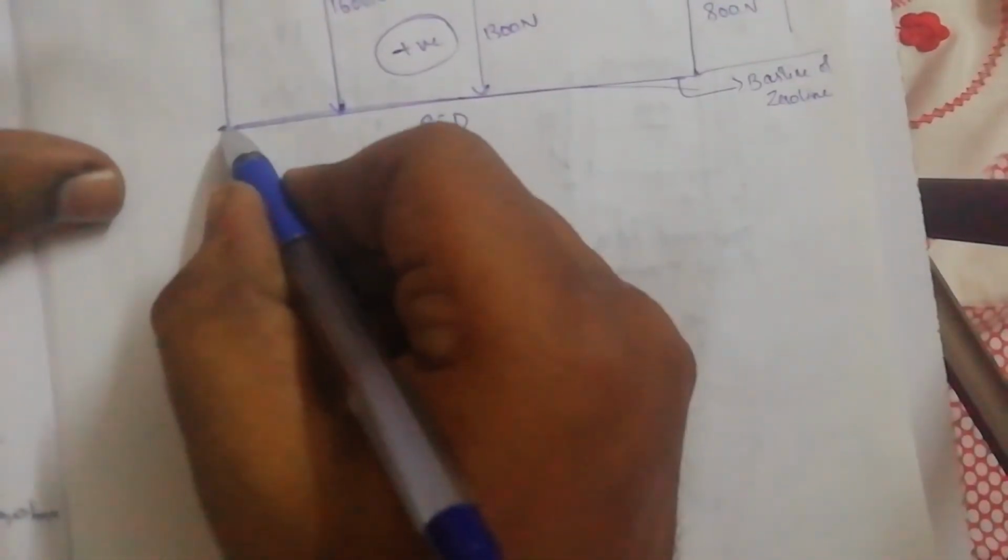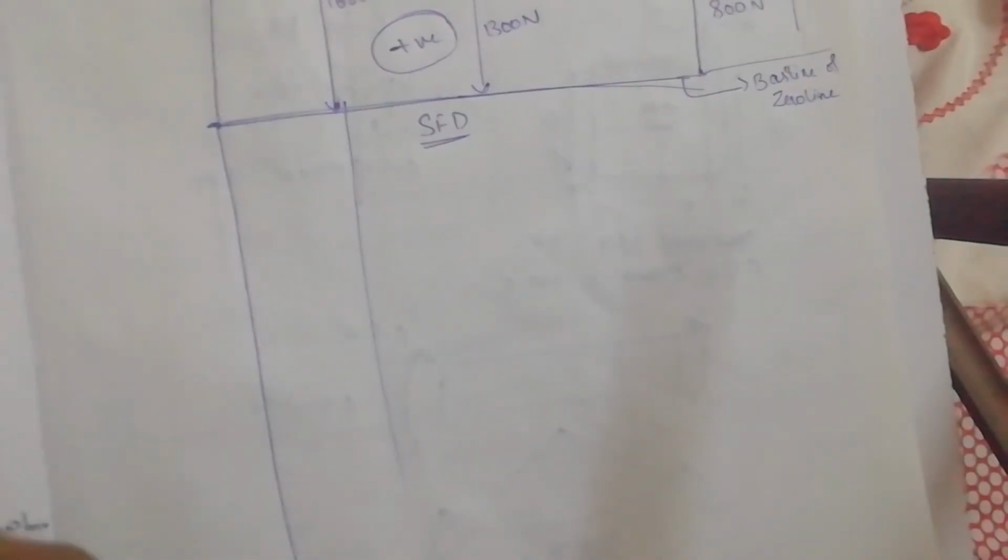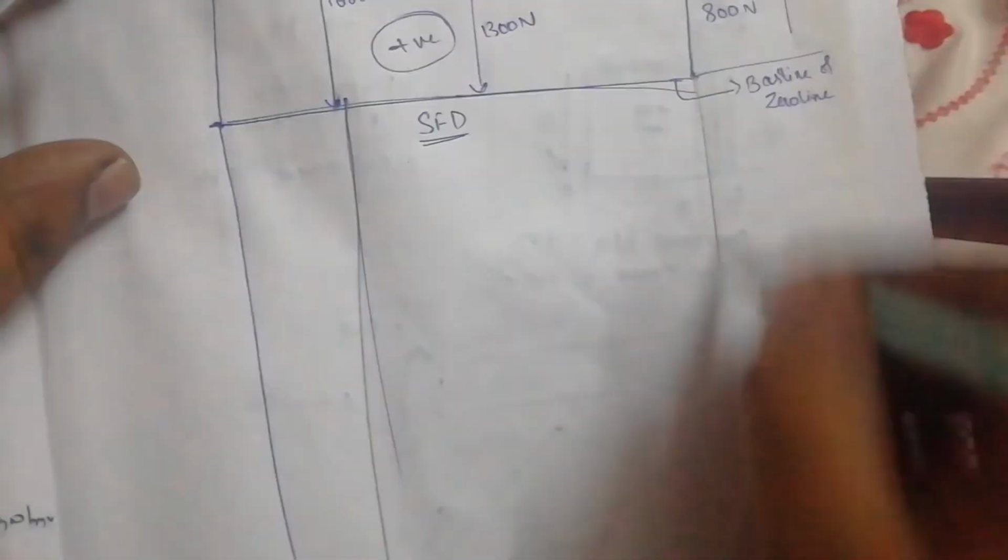Next we are going to draw the bending moment diagram. On the same page, try to extend these lines, where you are going to draw. Okay, I have extended the lines. Be careful with this.